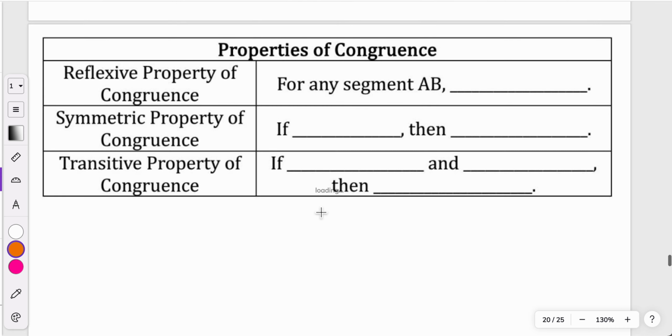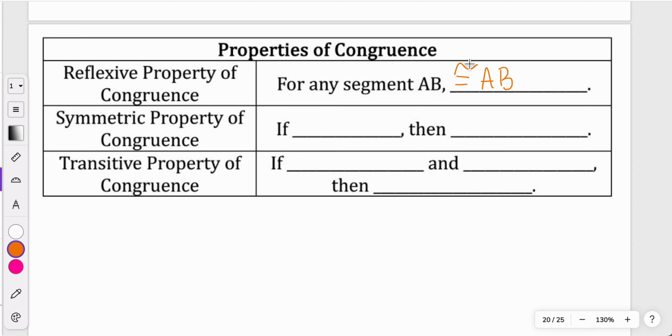All right, properties of congruence. Some of these are just kind of a repeat of the day before, so this is just good information. The reflexive property of congruence just says for any segment AB, it'll be equal to AB. Okay, so reflexive is just repeating what you saw.